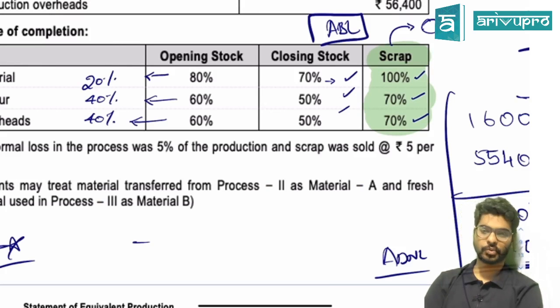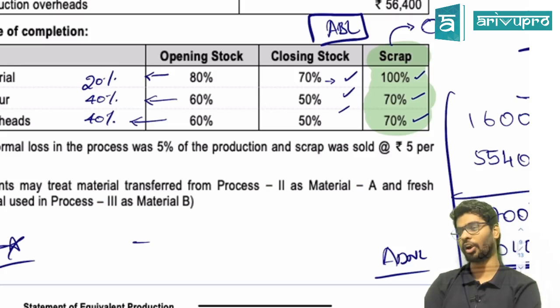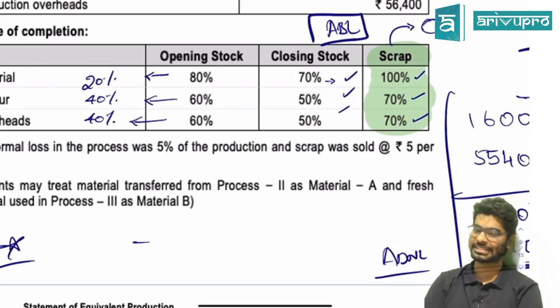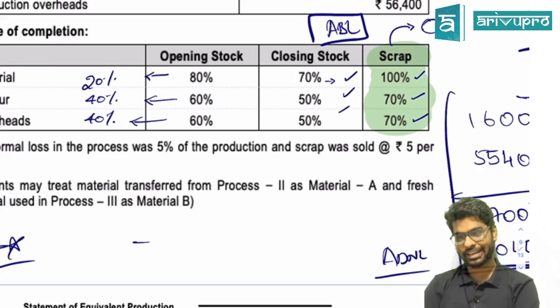Why is the question? Because normal loss will always be what percentage? 0. Abnormal gain will always be 100%. Abnormal gain will always be how much percentage? 100%.